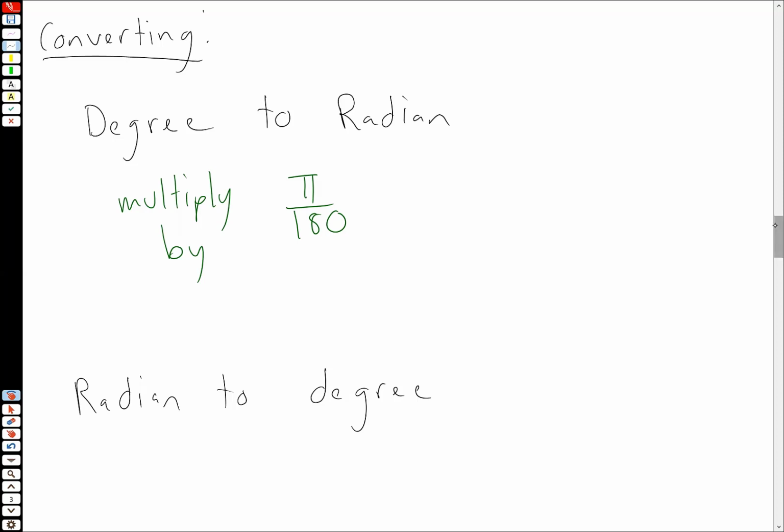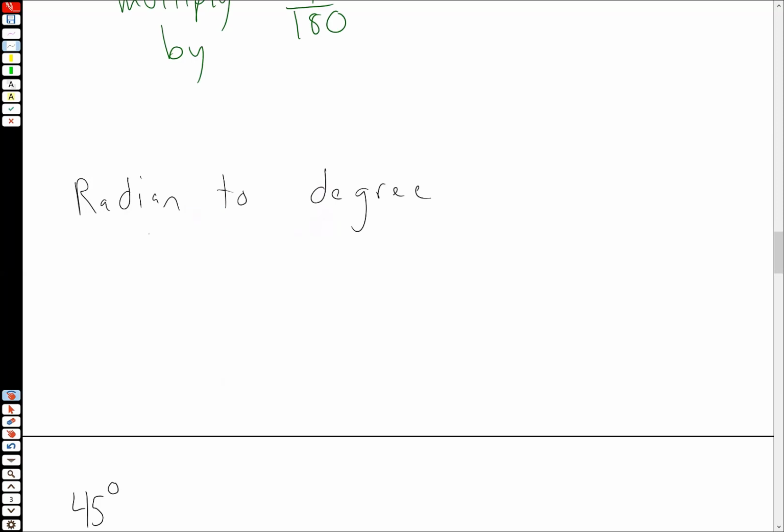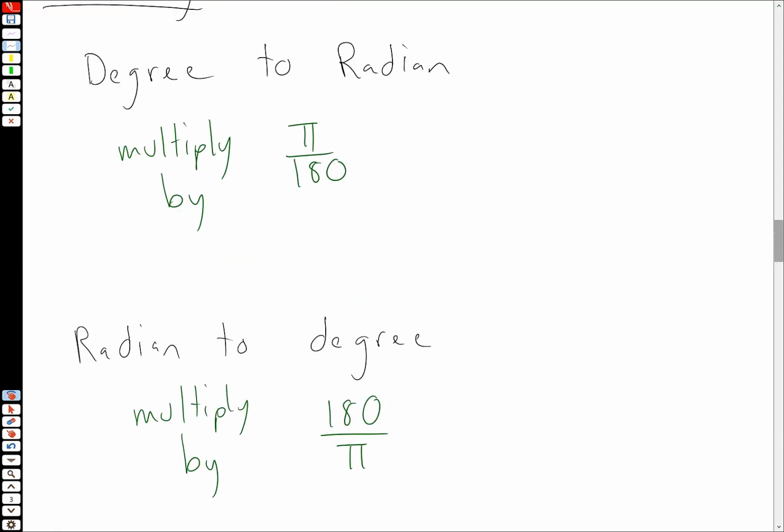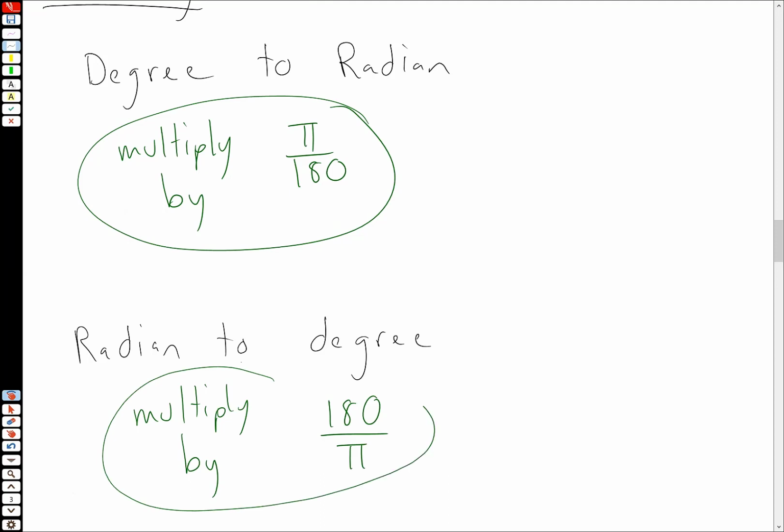Now, if you're going the other way, if you want to go from radians to degrees, you multiply by the flip, 180 over pi. And we'll see examples of that below. So again, just to summarize, going from degrees to radians, multiply by pi over 180. And if you're going from radians to degrees, multiply by 180 over pi.